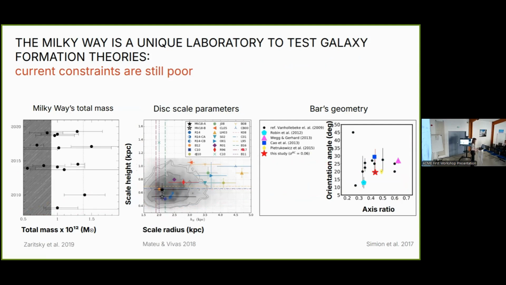And you can see that there is significant scatter on all of these parameters. So there is plenty of space for LISA to provide an independent constraint on these parameters using a completely different messenger, right, gravitational waves.